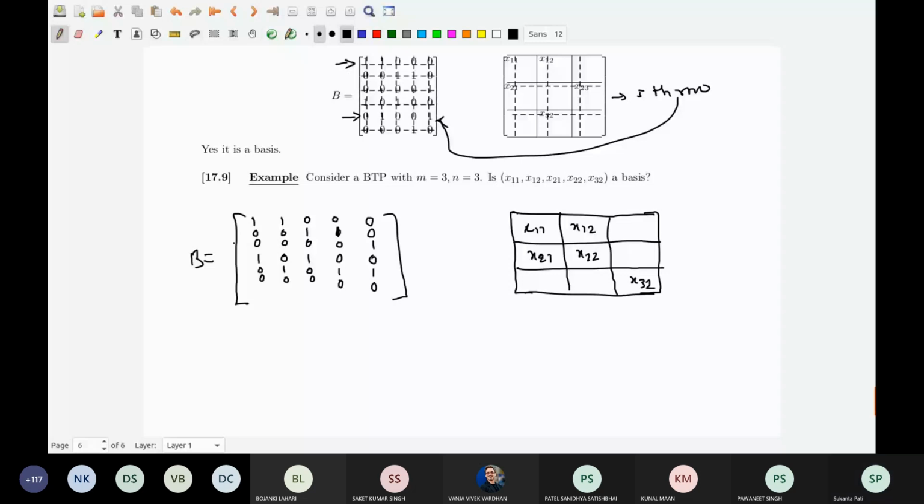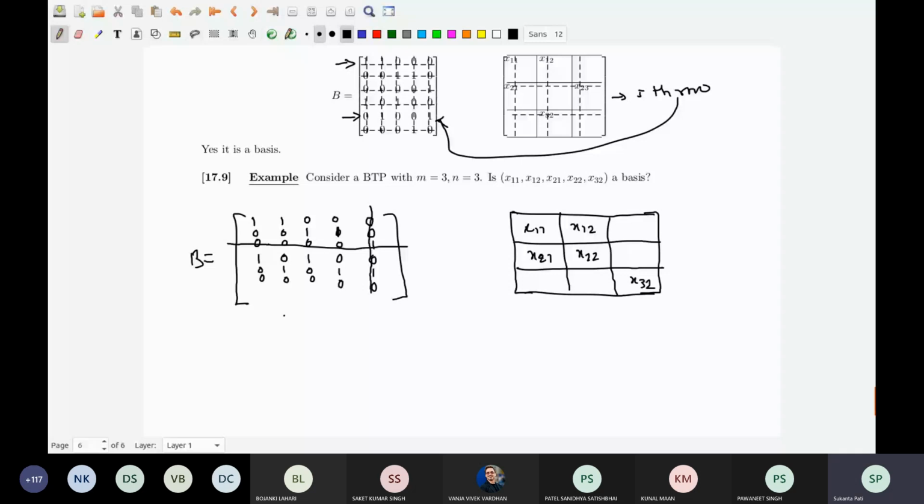Then, if it is a basis, you should find a row that has exactly one 1. First row, no. Second, no. Third, no. Fourth, no. Fifth, no. Okay, not possible. I don't find a row with exactly one 1.